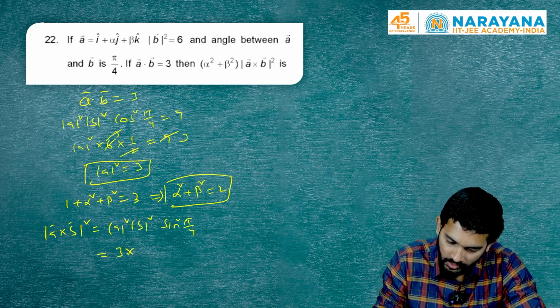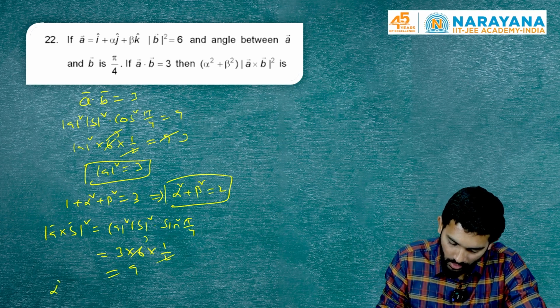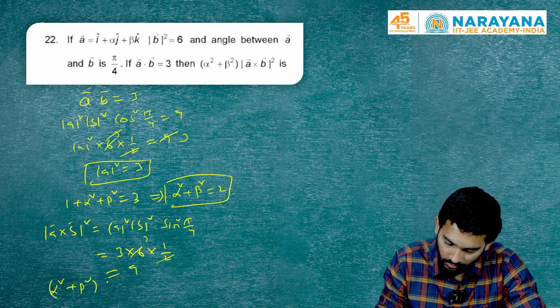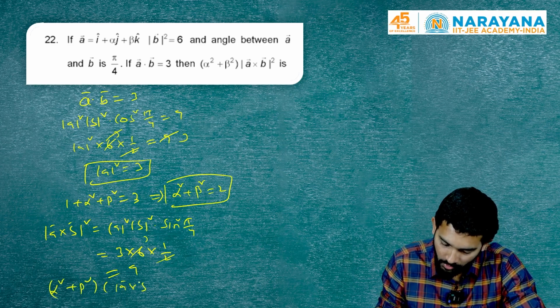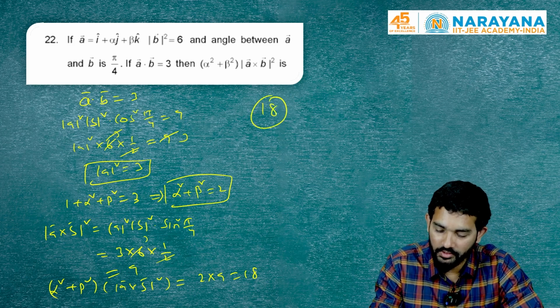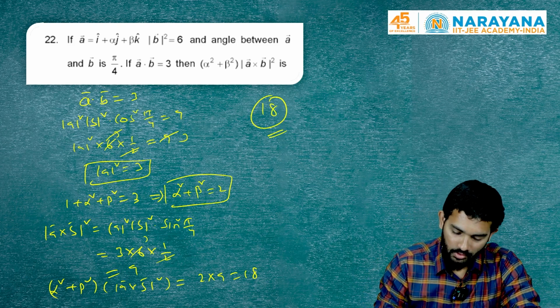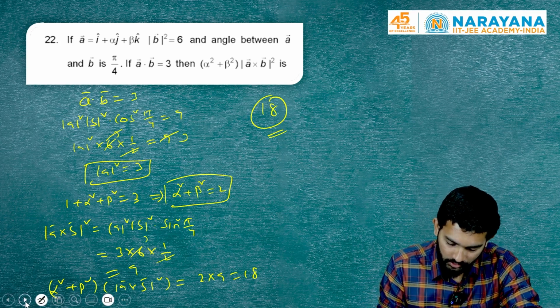Mod a square is 3, mod b square is 6, and this is 1 by 2, so 9. Finally, alpha square plus beta square into mod a bar cross b bar square is 2 into 9, which is 18. The answer is 18. A simple vectors question. Now let us go to the next question.